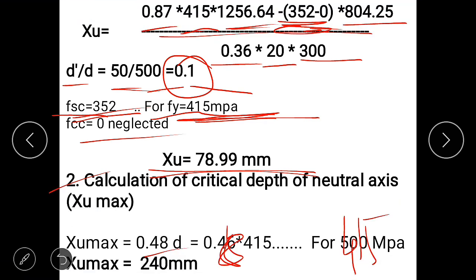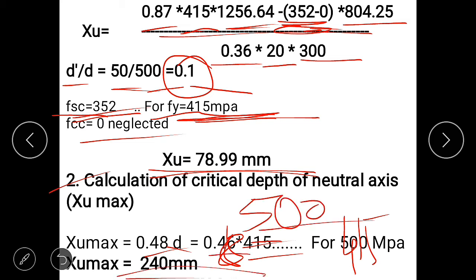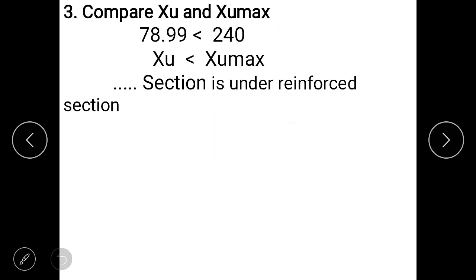Our d is 500. So 0.48 into 500, XU max is our value. Compare XU and XU max. XU max is 240 and XU is 78.99. So our section is an under reinforced section.